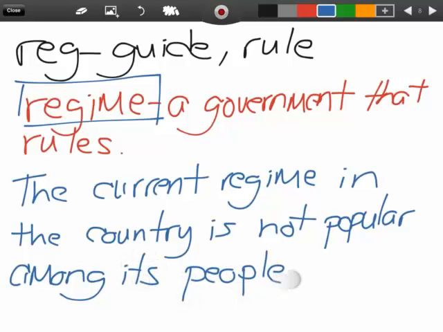I'm going to go ahead and read that to you. The current regime in the country is not popular among its people.